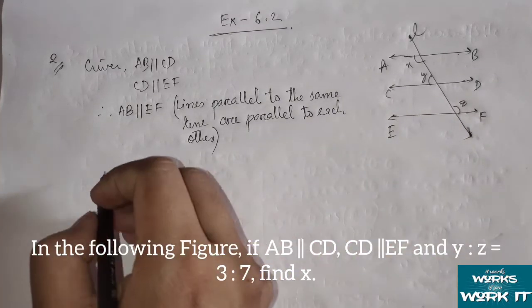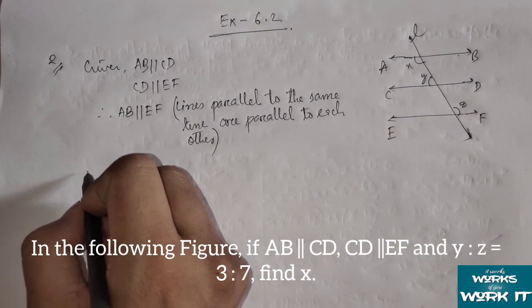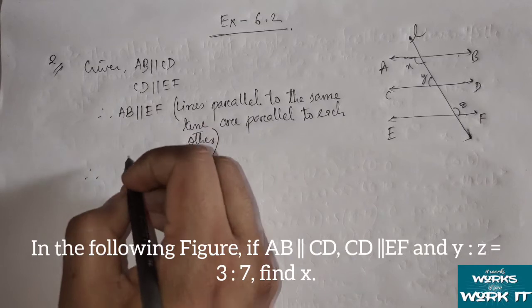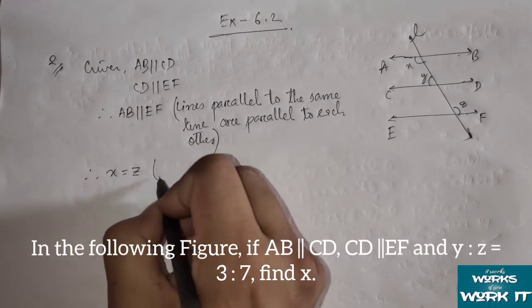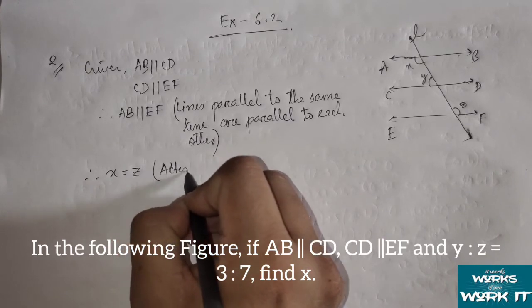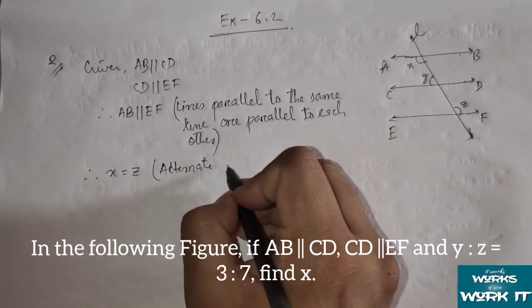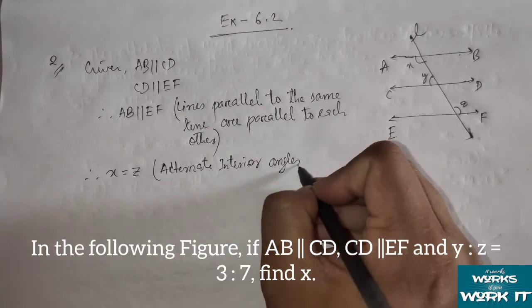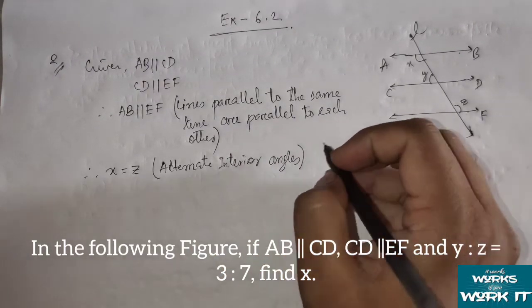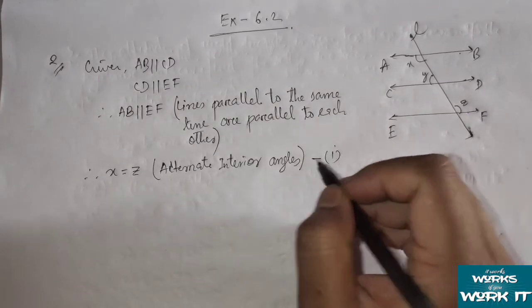Okay, so from AB parallel to EF, I can write angle X is equal to angle Z. Why? They are alternate interior angles. This we can write as 1.